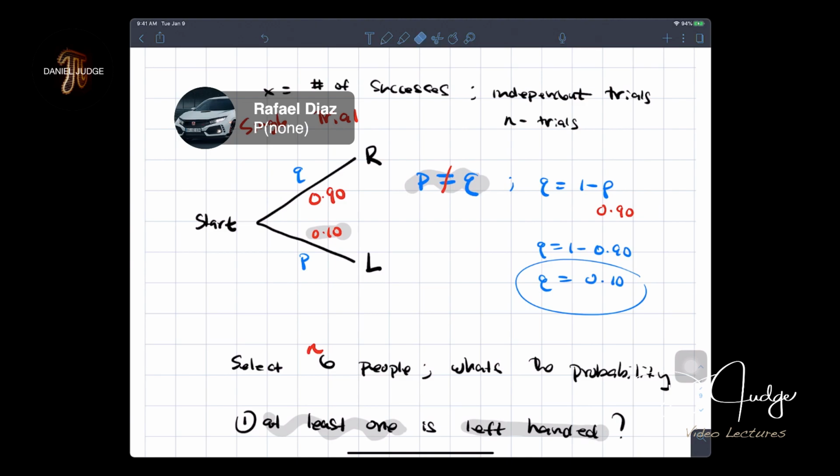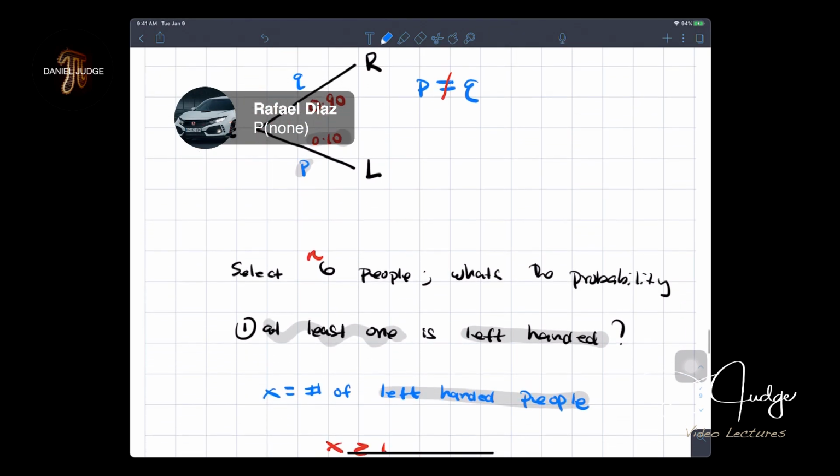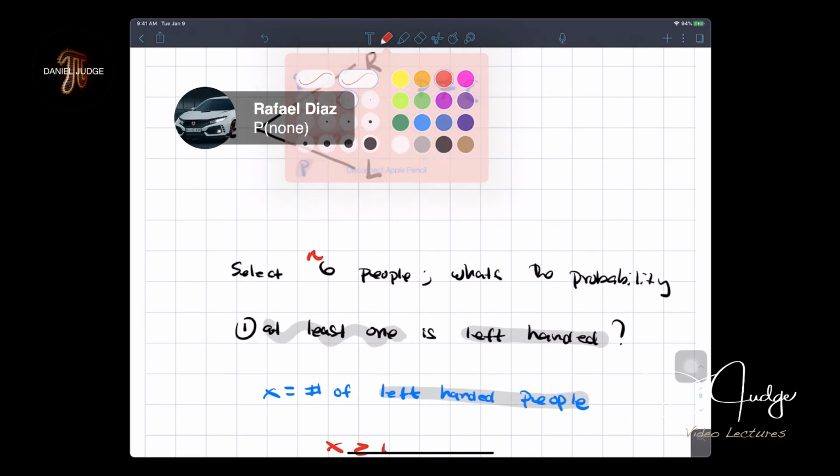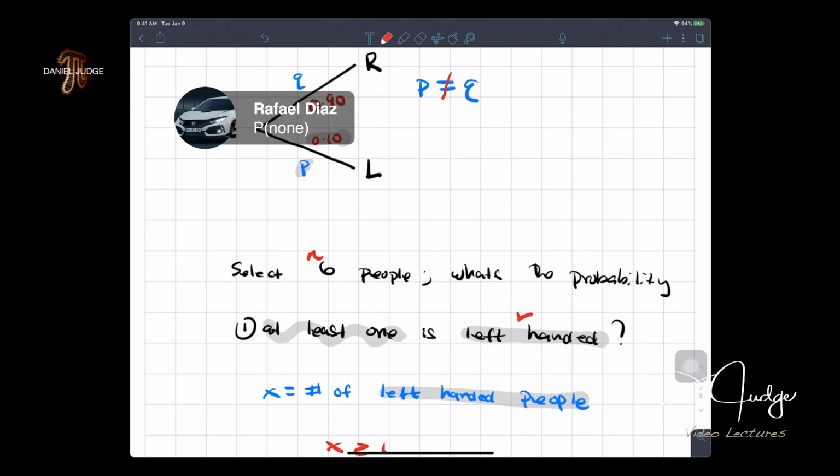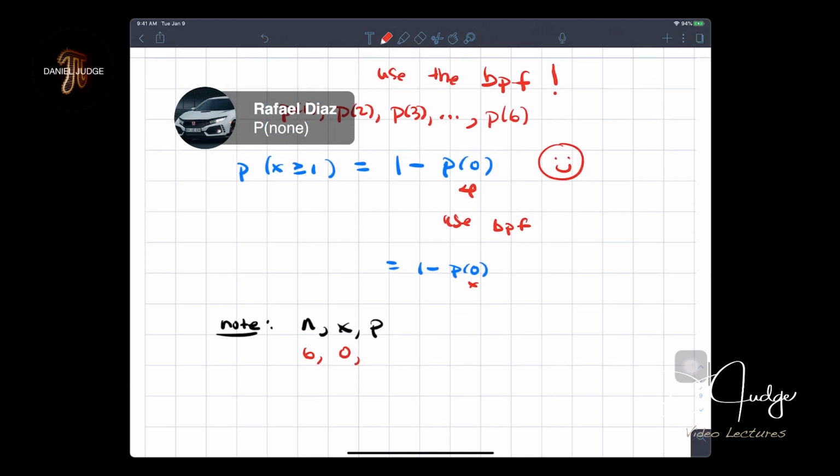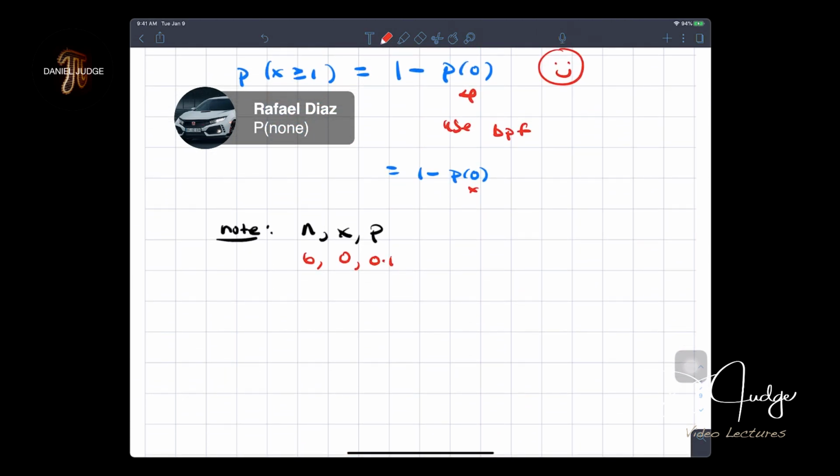That's what I want to remark. P does not always equal Q. And let your successes be whatever is in the question. And what's in the question is right over here, ladies and gentlemen. Number that are left-handed. So little p is 0.10. That's what we need here for the binomial.